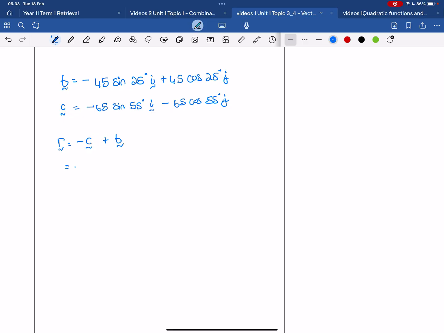So we've got negative C plus 45 cos of 25 J.